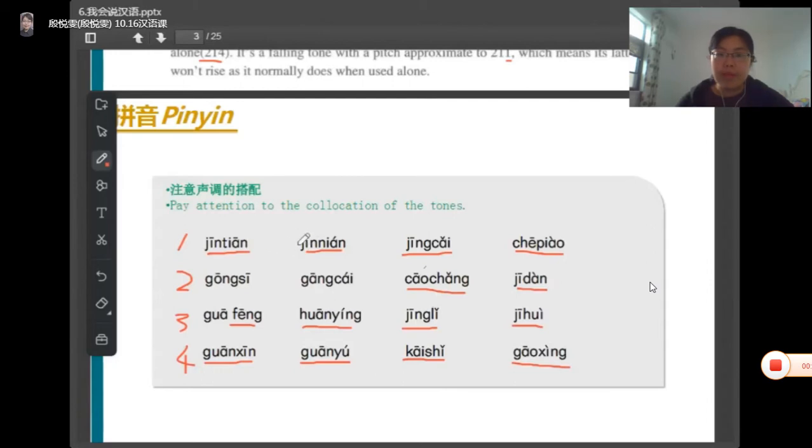Okay, let's read them. 今天，今年，精彩，车票，公司，刚才，操场，鸡蛋，刮风，欢迎，经理，机会，关心，关于，开始，高兴。马克，我很高兴认识你。Very good.